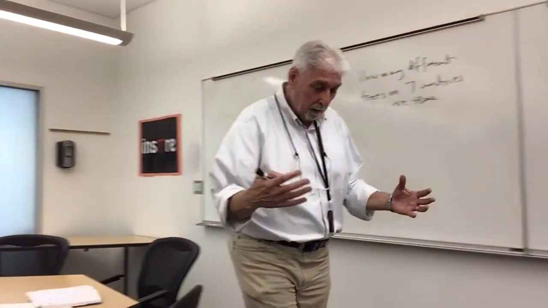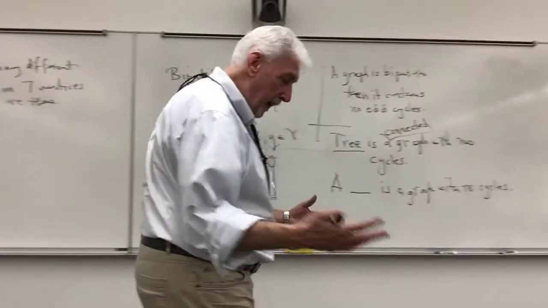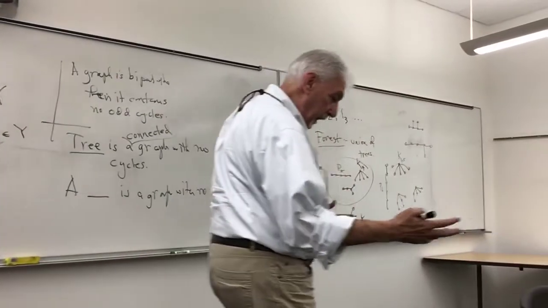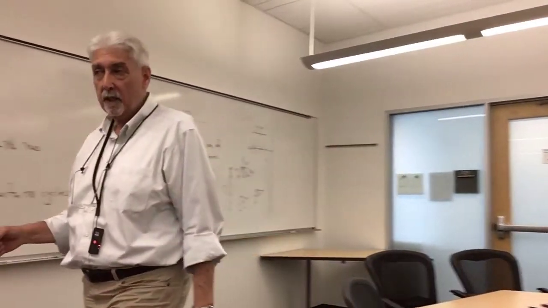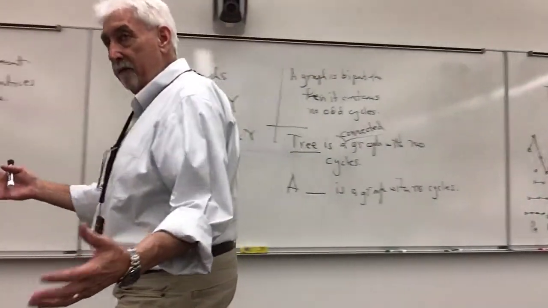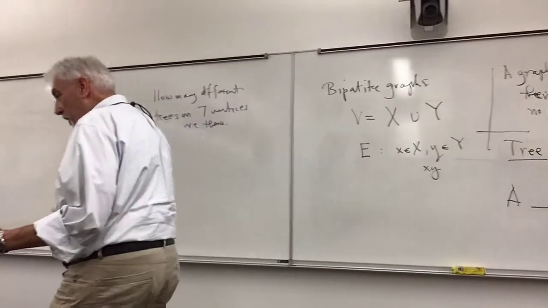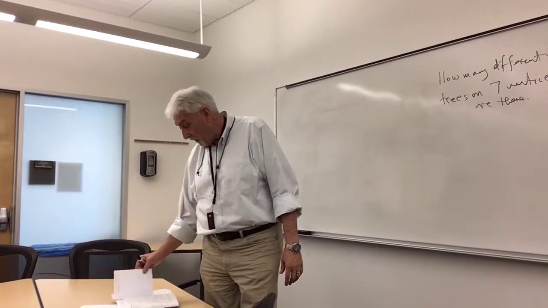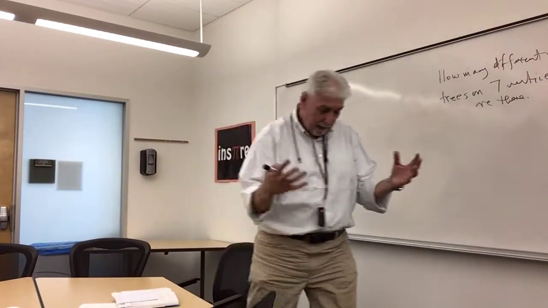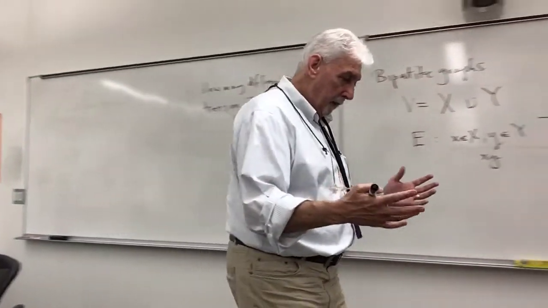Okay, and believe it or not, there are programs that can actually generate all the different trees, depending on how much time you have, for any given number of vertices. So this idea of trees turns out to be pretty important.